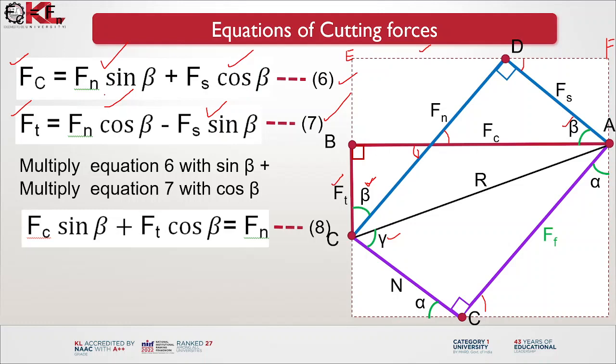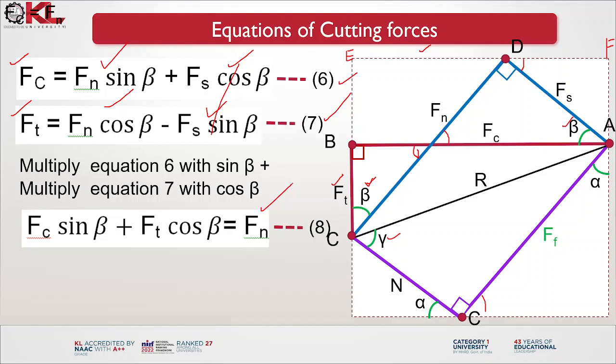Fn is common, sin square beta plus cos square beta is equal to 1. And here these two components get cancelled, because Fs cos beta sin beta and Fs sin beta cos beta are both equal, so it cancels. So finally you can obtain this normal force component.